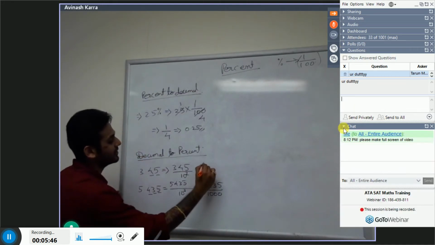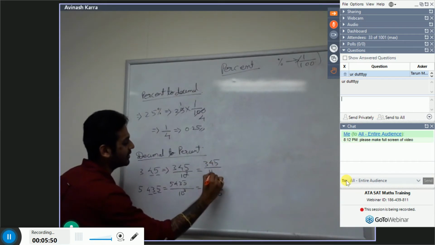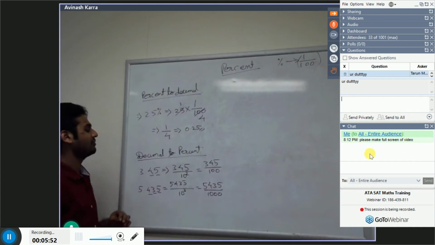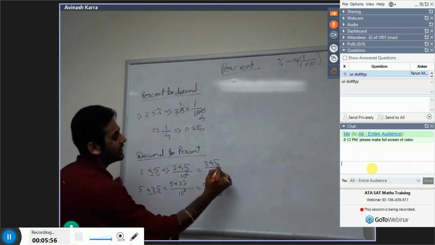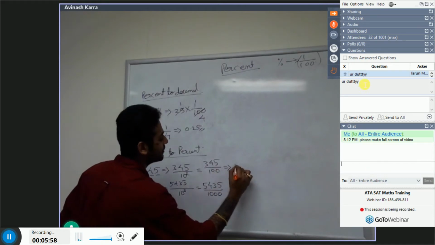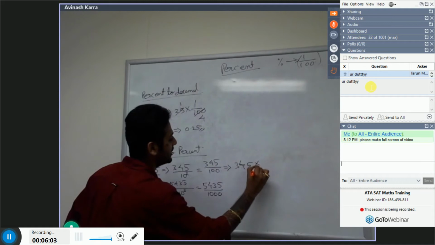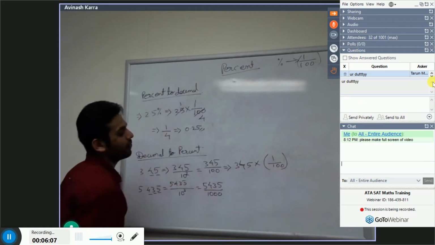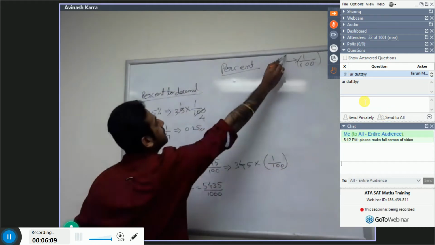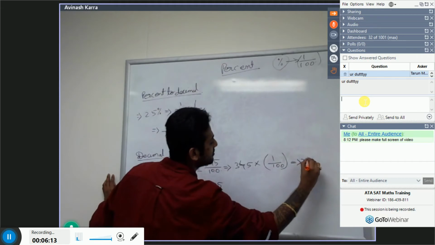If you simplify this, 345 divided by 100. So after getting the fraction, just take this 1 by 100 to a side. 345 into 1 by 100. What is 1 by 100? Percent, right? So 345%.